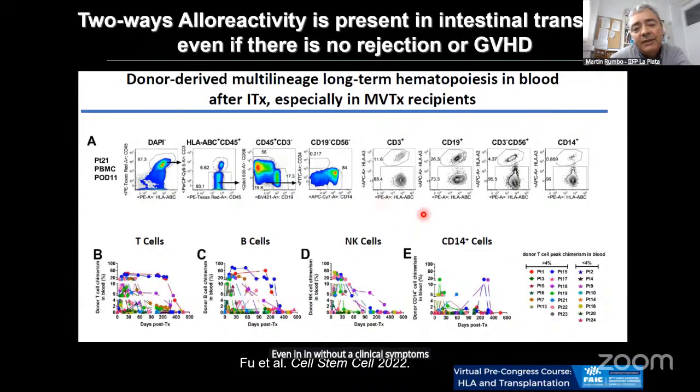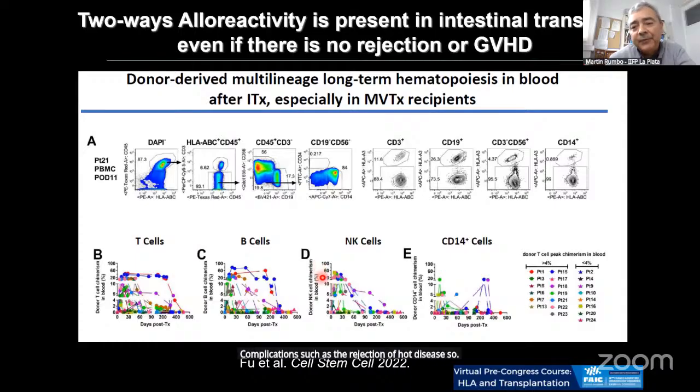symptoms. So this is a very interesting paper from the group of Megan Sykes and Shannon Few in New York. Just using HLA mismatch and the combination of antibodies, they can detect donor-derived myeloid cells, and they can show that in the different compartments there is multilineage chimerism in the case of intestinal transplant patients, even without clinical complications such as rejection or graft-versus-host disease.